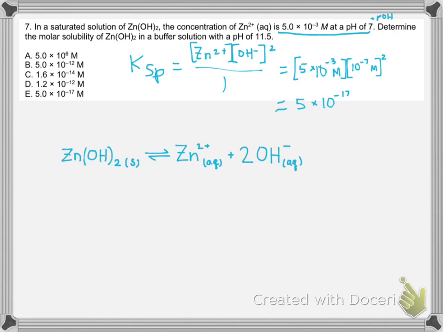And so that is what we'll have to use when we're doing our ice table to figure out the molar solubility of zinc hydroxide in a different concentration of hydroxide solution. So that pH of 11.5 tells me I have a pOH equal to 2.5, and I can use that pOH to get my hydroxide concentration.